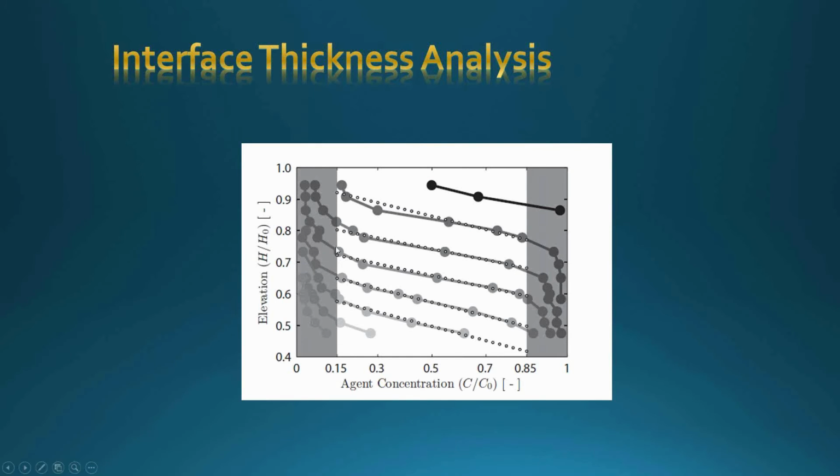This is what the interface actually looks like for those of you who care. The dotted line is what our new equations do, and this is agent concentration as a function of the initial concentration, which is 1. So we're typically looking at the 0.85 or 85% of the initial or of design as the area of interest.